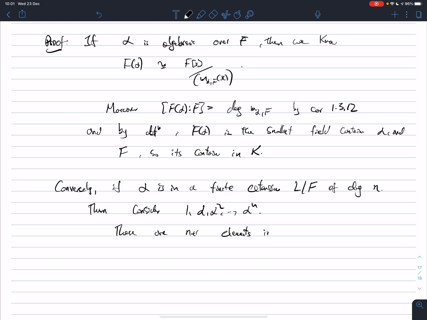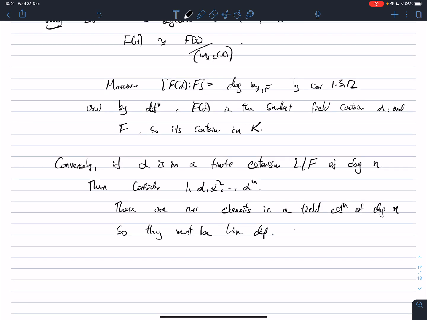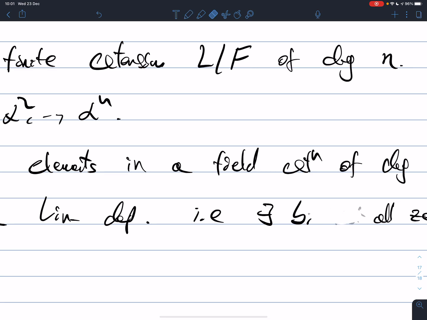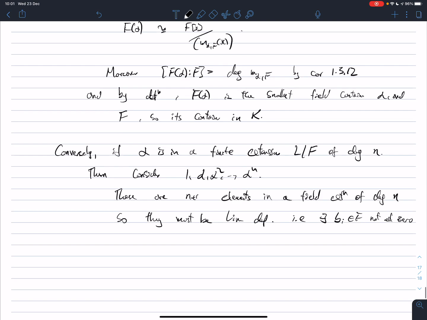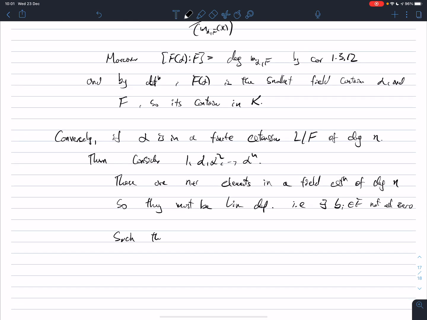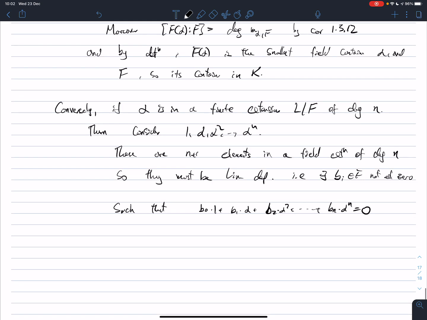So they must be linearly dependent, i.e. there exist b_i, not all 0, b_i in F, such that b0 times 1 plus b1 times alpha plus b2 times alpha squared, dot dot dot, bn times alpha to the n equals 0.